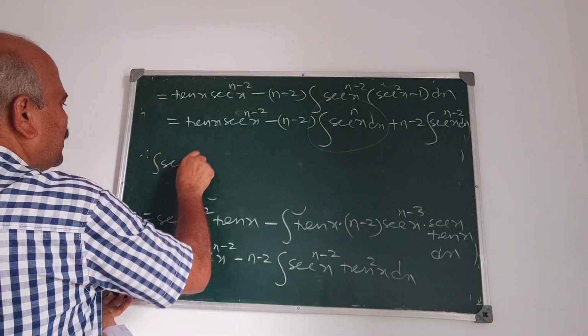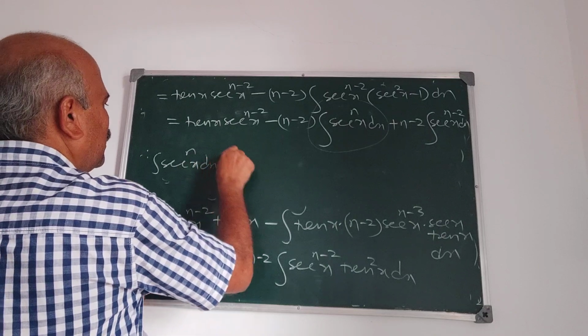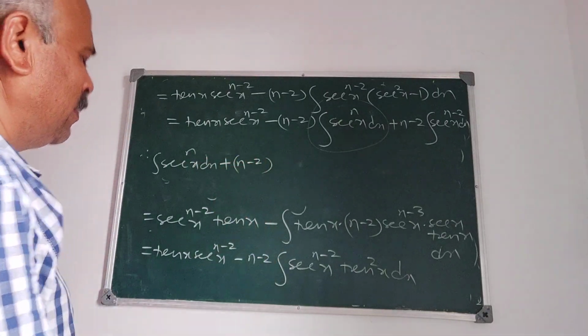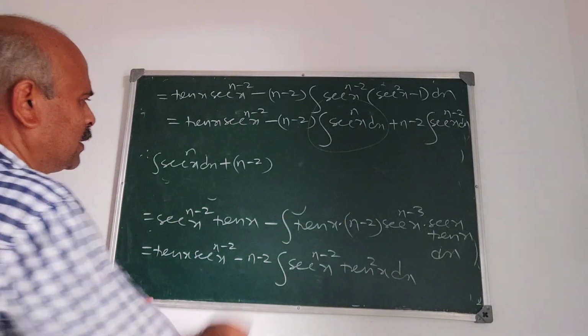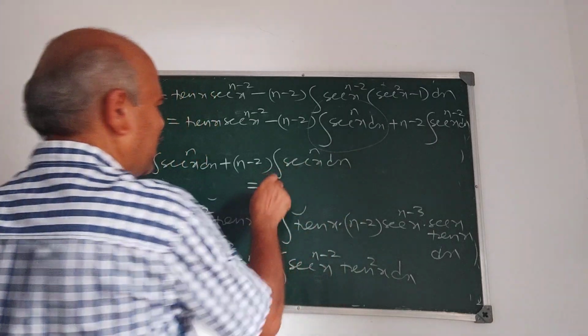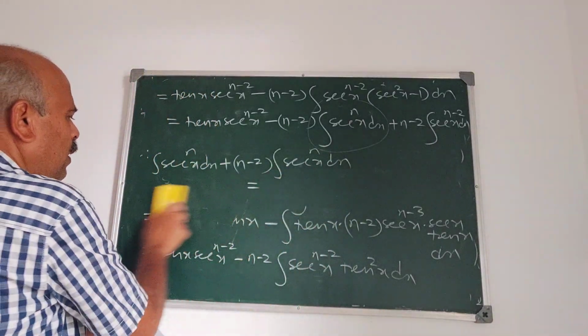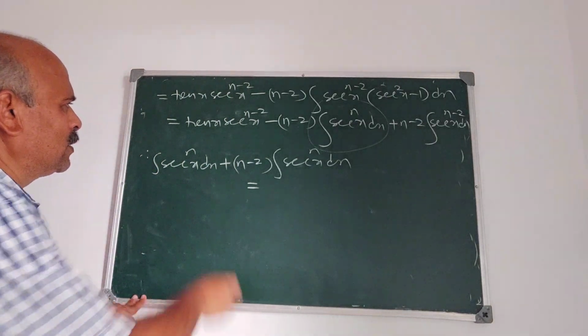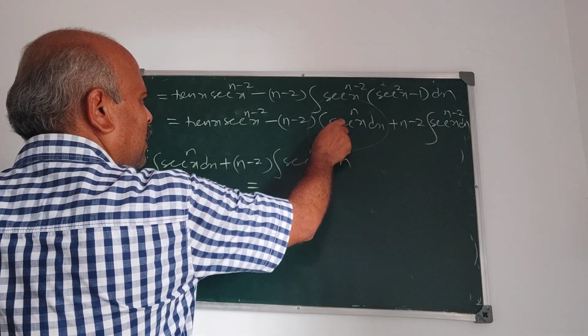Integral secant x raised to n with respect to x plus n minus 2, is it n minus 2? Yes, n minus 2 integral sec x raised to n with respect to x is. This is the last step. We have to finally solve for integral sec x raised to n, because one more term we have obtained, sec x raised to n.